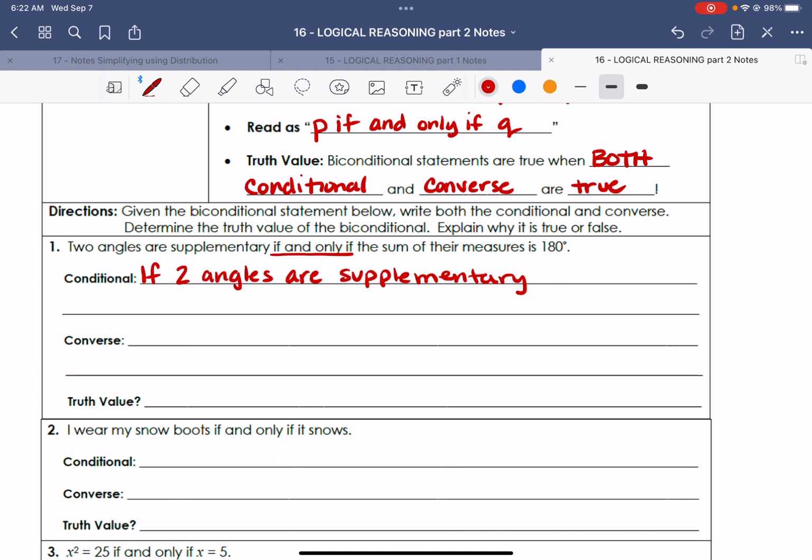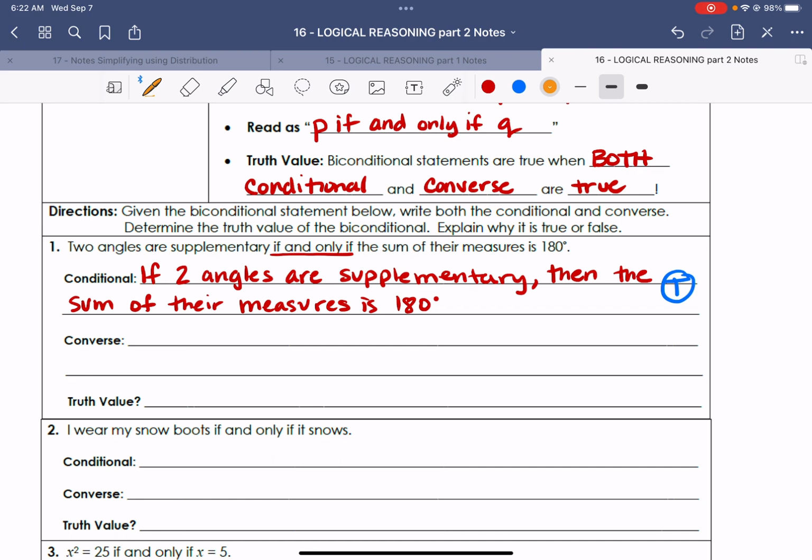If two angles are supplementary, then the sum of their measures is 180 degrees. Okay, and that's the definition of supplementary. So is that true? Yeah, that's true. So I'm going to put a T for true.